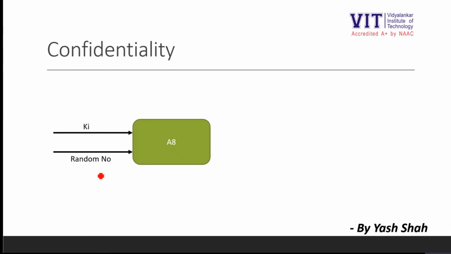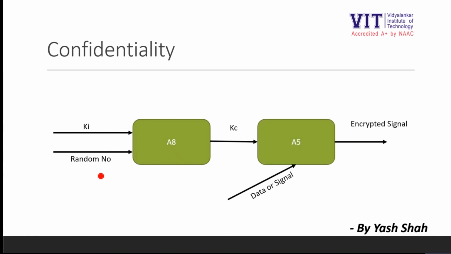This A8 algorithm is used to generate a new key, that is a ciphering key. This ciphering key is used in the A5 algorithm along with the data signal to generate the encrypted signal. Again, this signal could be a voice signal or a data signal used for communication. So this was all for GSM security. Thank you.